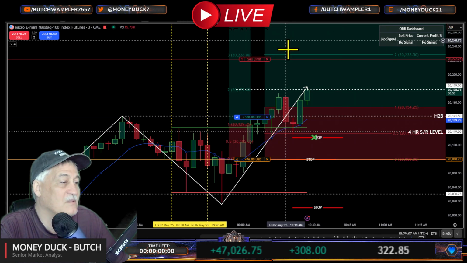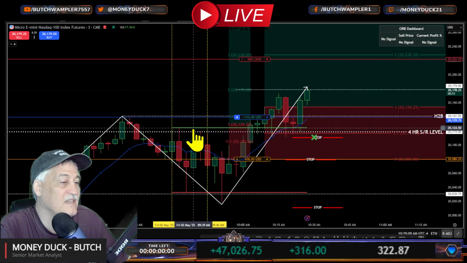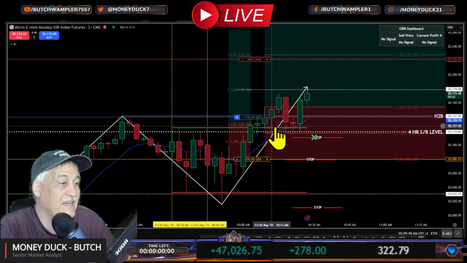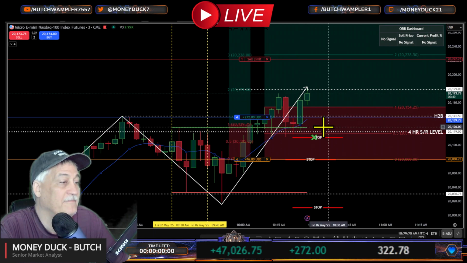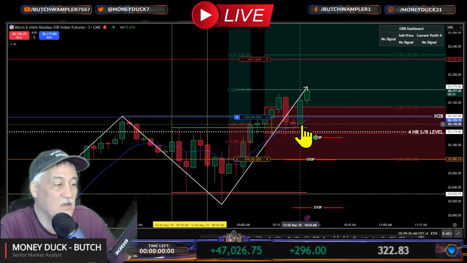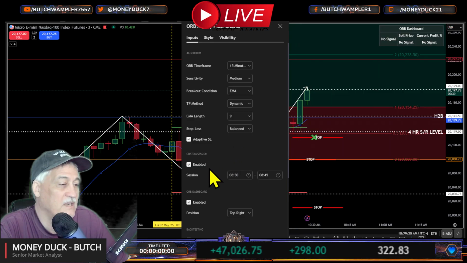I would think that's when the EMA crosses right here, the opening range high, right? And we didn't get that. So I don't know. I didn't make this indicator, and I'd have to go look at the coding. I'm not even sure if this coding's open. The script is open. I don't think it is.